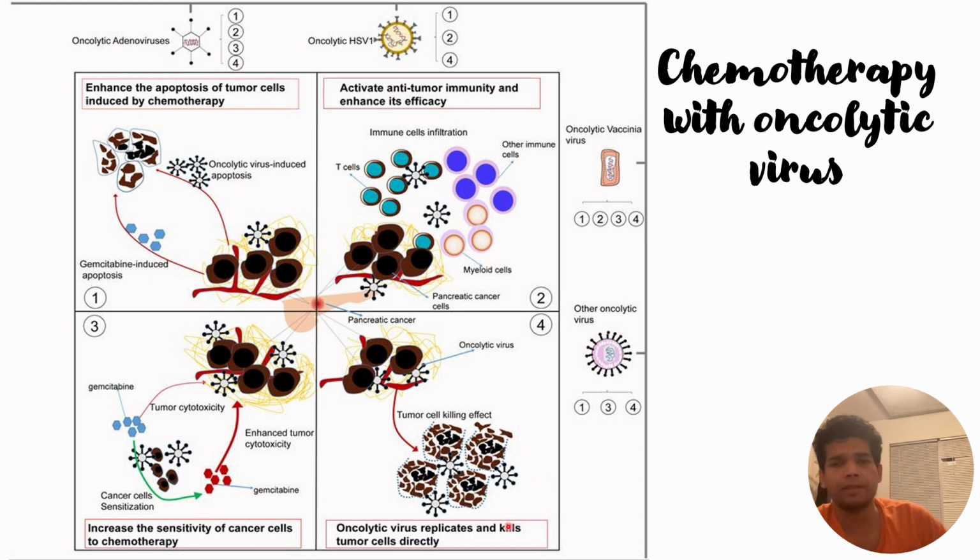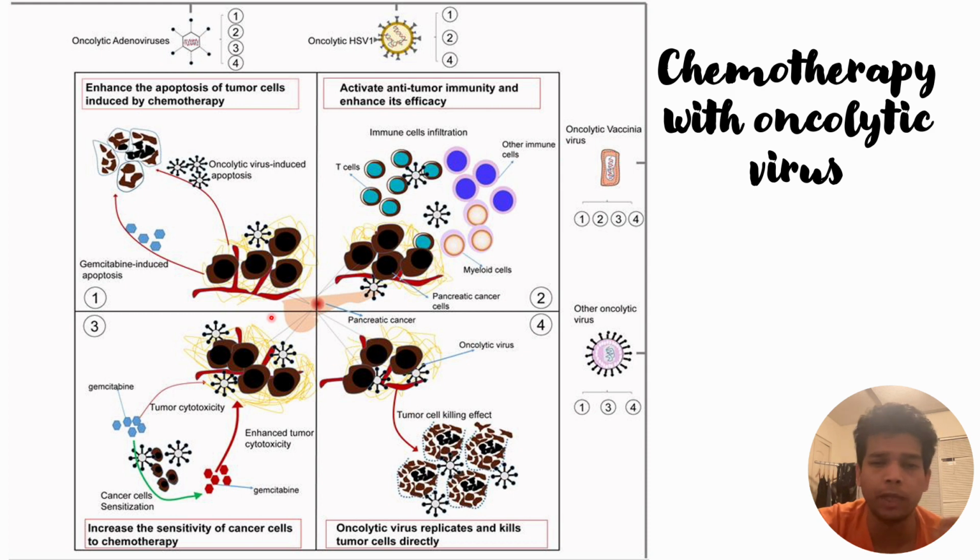However, the major concern right now is to find out the molecular structure of this oncolytic virus, as it is difficult to design an oncolytic virus that can work so efficiently that it can distinguish between the tumor cells and the healthy cells effectively. So this is how this chemotherapy works.